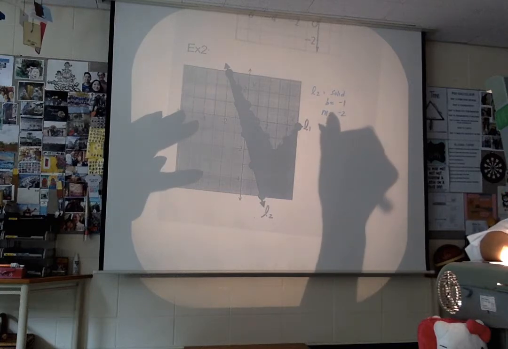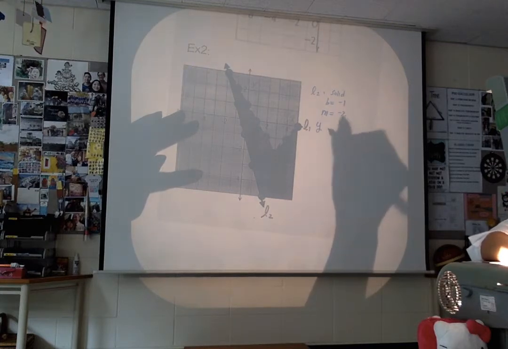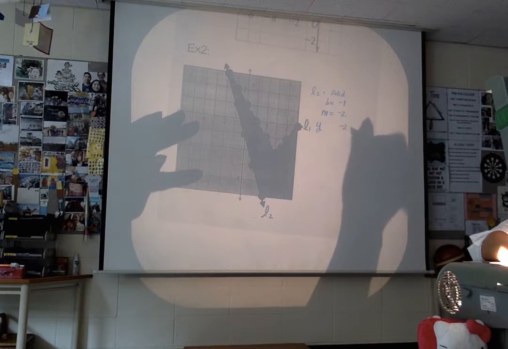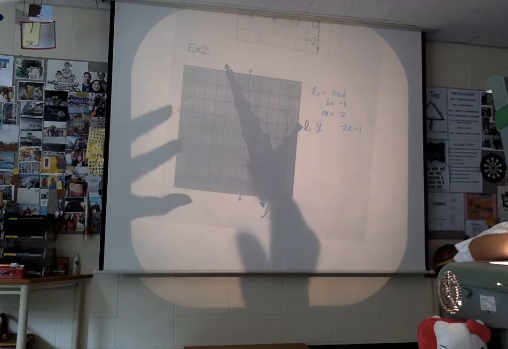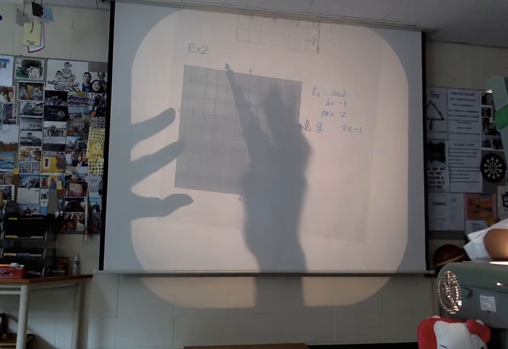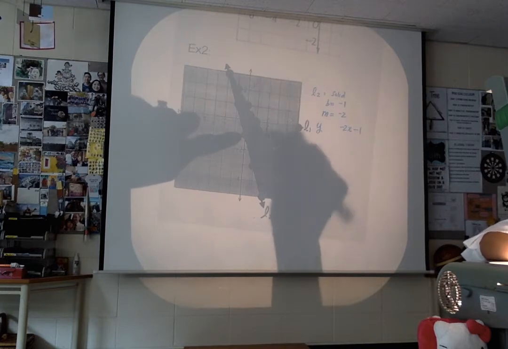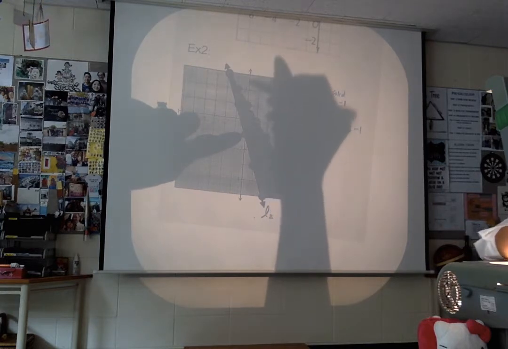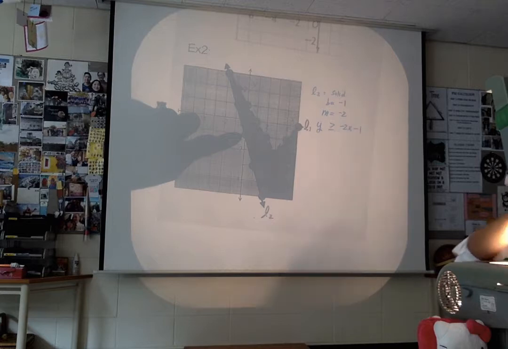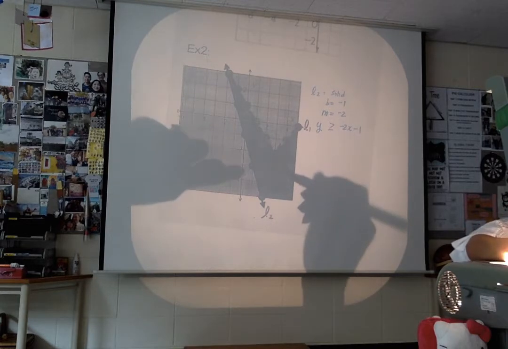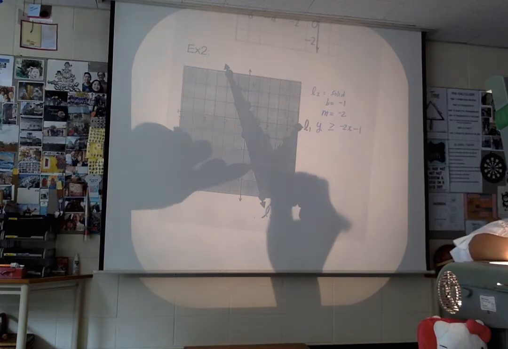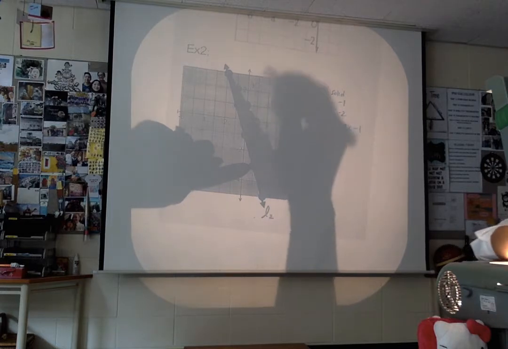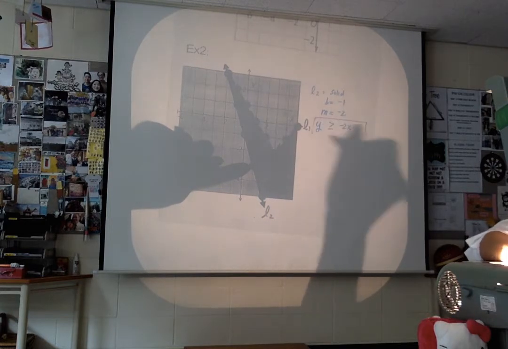So far it's y, and I don't know the inequality yet, but I know it's negative 2x minus 1. But look where it's shaded. It's darkened here, so it's shaded to the right, which means it's greater than or equal to. This y coordinate is negative 3, and it's shaded above, so it's everything greater. That's the first inequality.